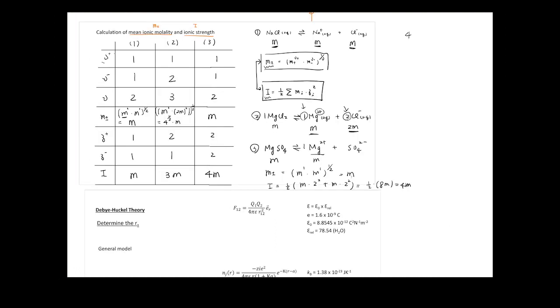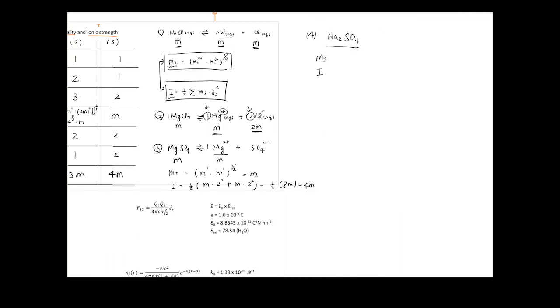If you have example number 4, say I give you a solute like this, a strong electrolyte with a certain concentration, you will need to solve all this table. If I ask you what is the mean ionic molality and the ionic strength of the solution, you should be able to calculate it yourself. Another thing you should know is that the ionic strength is additive.